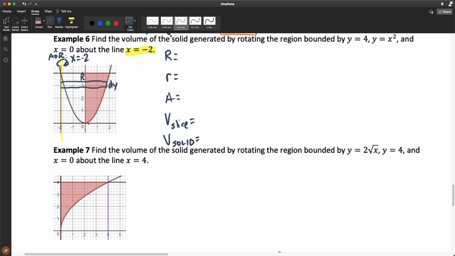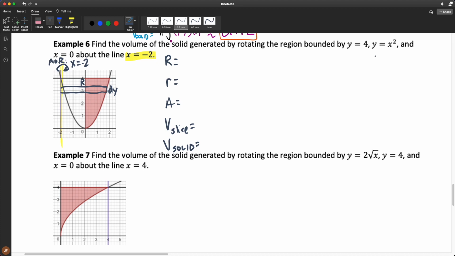That guy is the right side of that parabola. So I'm going to come over here to this y equals x squared and square root both sides to get that x by itself. And we get root y. We're in the first quadrant there, so we're looking at the positive root y. So this is x equals root y.